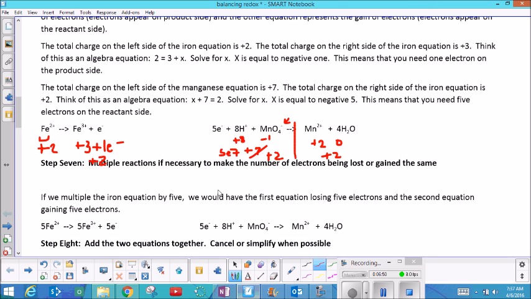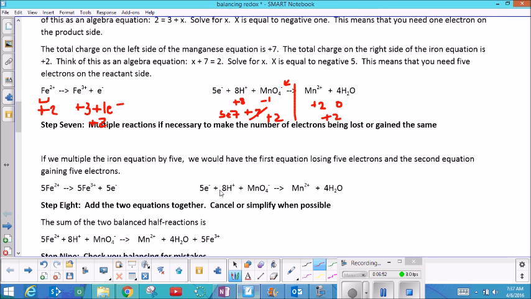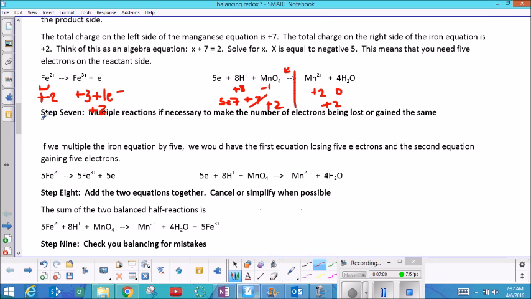So now the electrons have to be balanced because they have to cancel out of my equation. So I have 5 on this side, and I have 1 on this side. So the least common multiple of those two things is I need to get this side to be 5. So multiply everything in your equation on this side times 5.